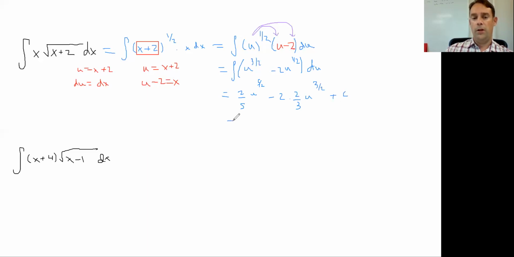And friends, we plug our u back in. Notice we got to plug it into 2 spots though. Minus 4/3. So we take that, and in place of u is x plus 2.